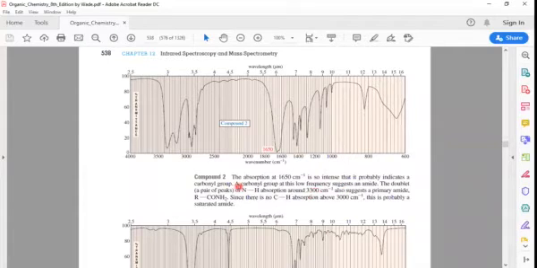So a carbonyl group at this low frequency suggests an amide. It is a carbonyl, but it is not at 1710 or 1685, etc. So it is low, meaning it is most probably an amide.